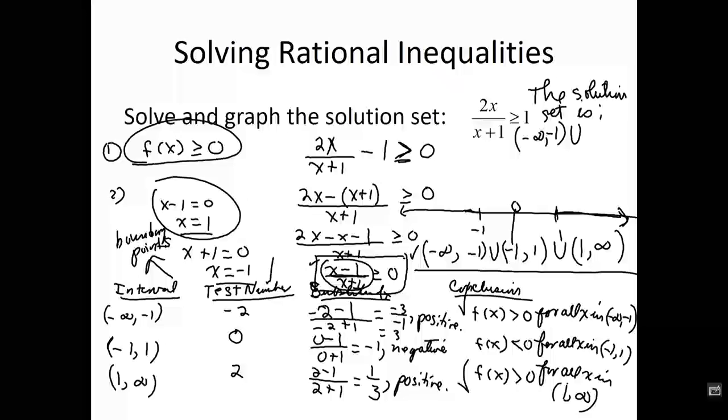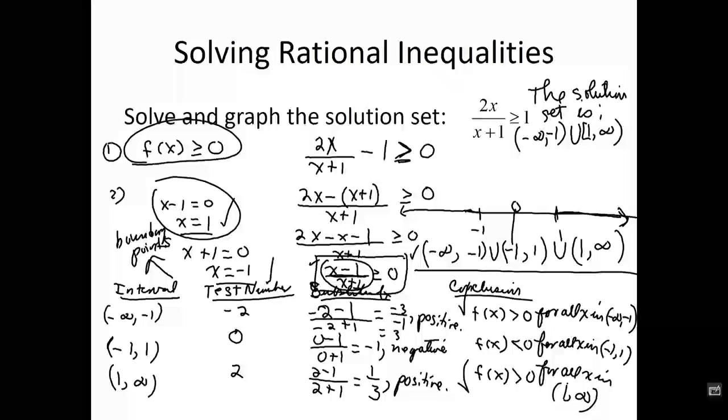But because the function is equal to 0 at 1, 1 is included in the solution set, because the initial condition is that f of x be greater than or equal to 0. So it's equal to 0 at 1, and we have to include 1 in the solution set. So that's union 1, the set of all real numbers greater than 1.